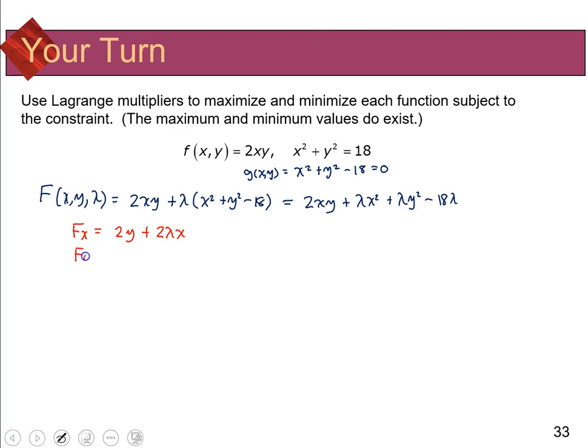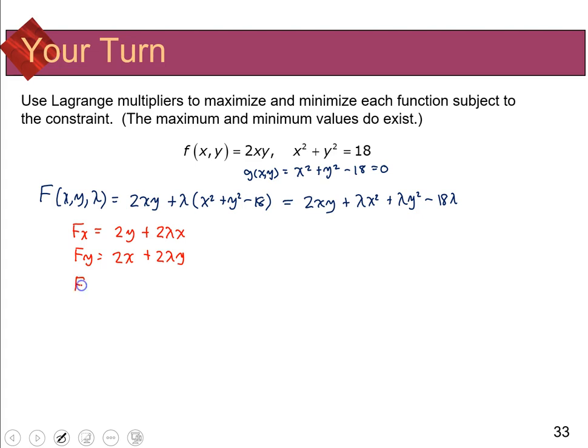The partial derivative with respect to y is going to be 2x. The lambda x squared is going to be a constant, so that becomes 0. I'm going to have 2 lambda y. And the minus 18 lambda is a constant again, so that becomes a 0.